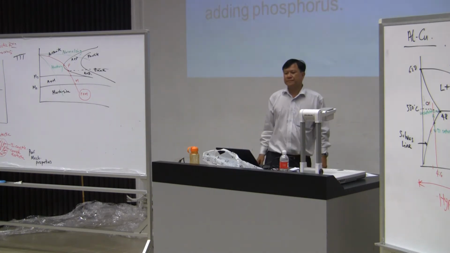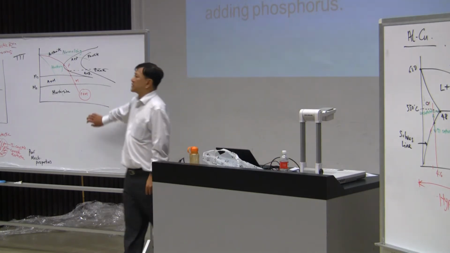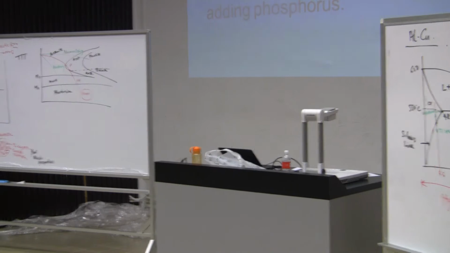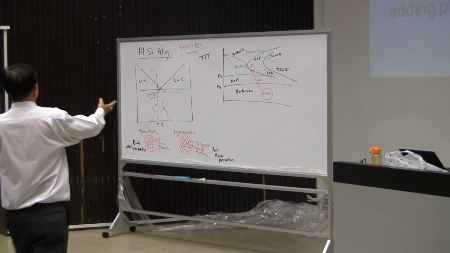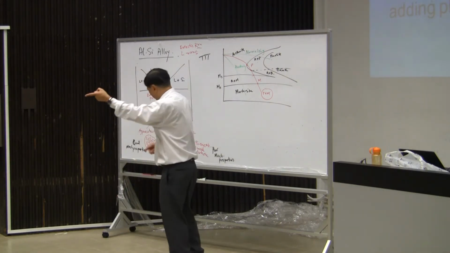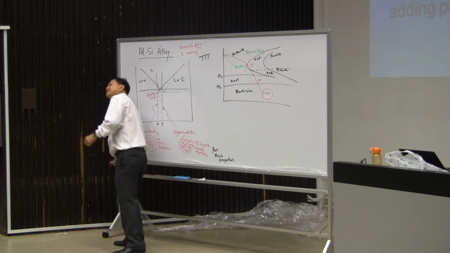So this one here, how do you strengthen? If I ask you a question, aluminum silicon alloy, how do you strengthen? You look here, what do you have? This is now all modification.